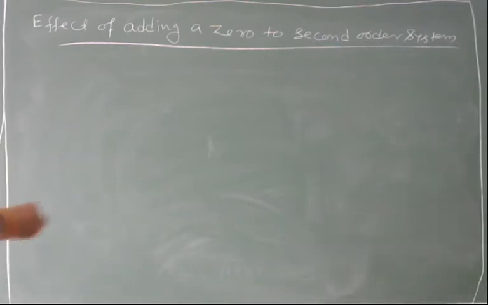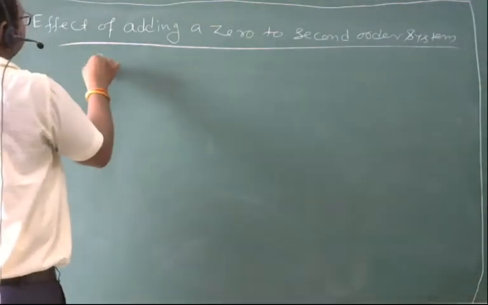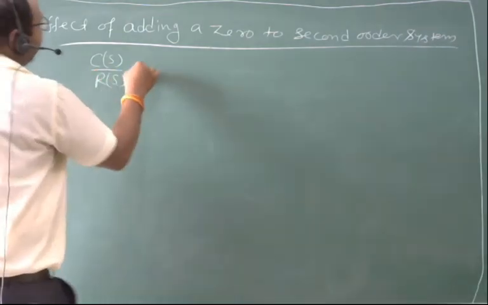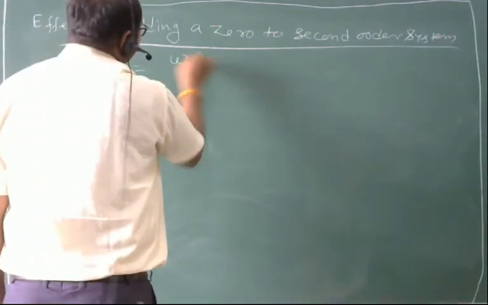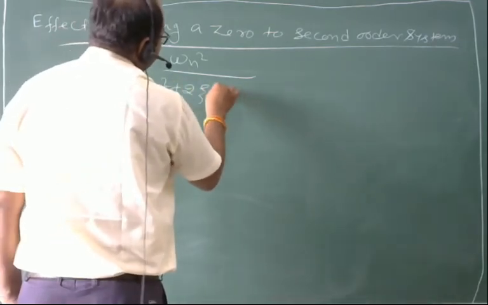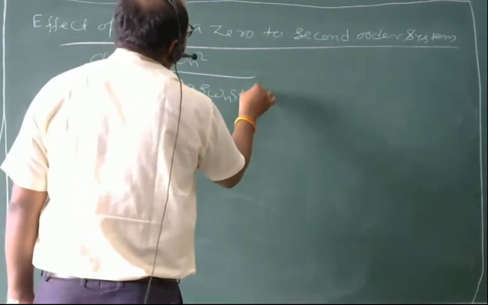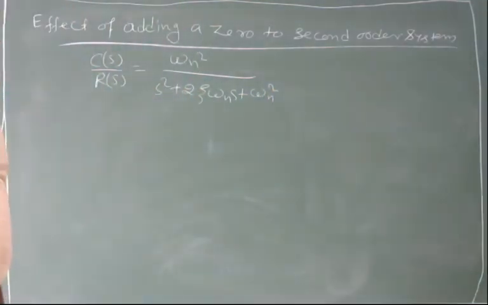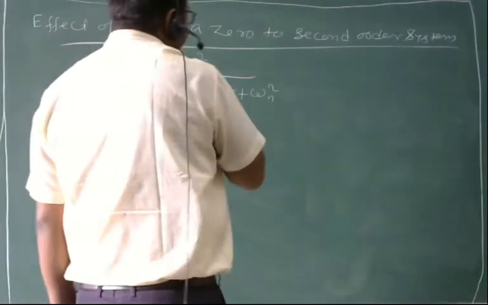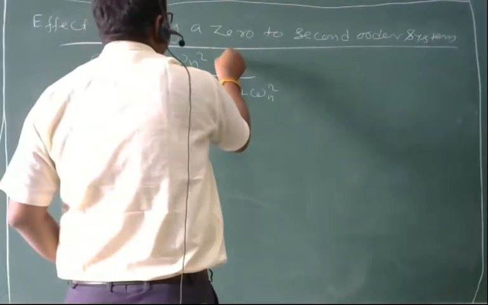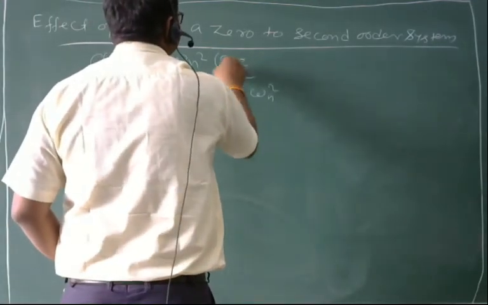So let us consider a second order system transfer function C(s)/R(s) as omega n square divided by s square plus 2 zeta omega n s plus omega n square, and if I am adding a 0 to this system, it means here I am adding (s plus z).